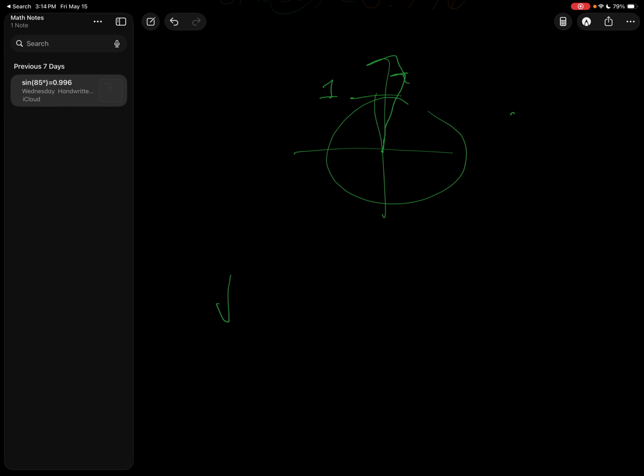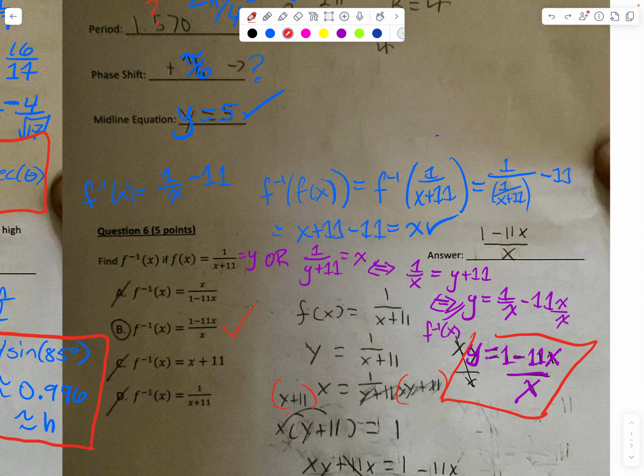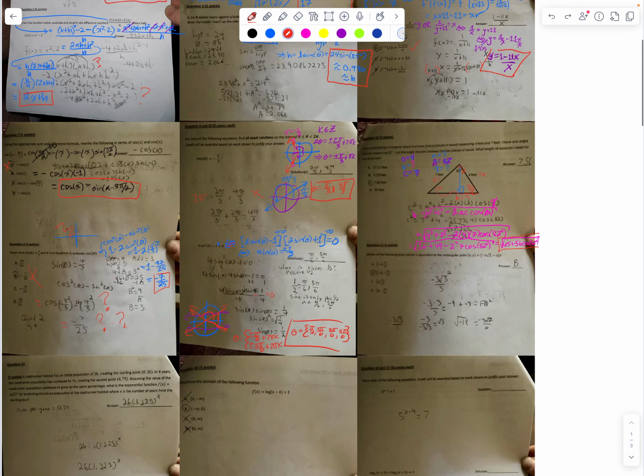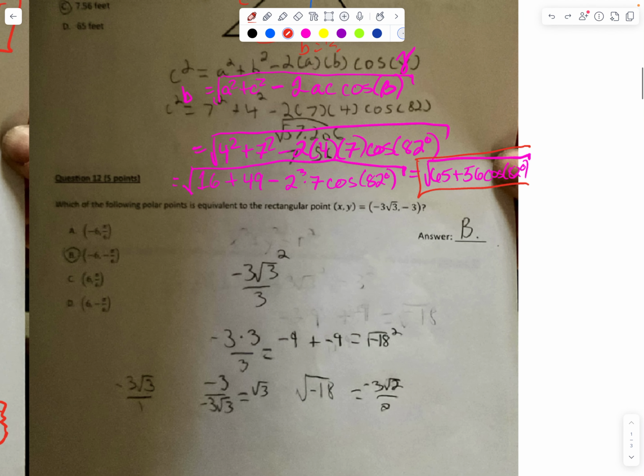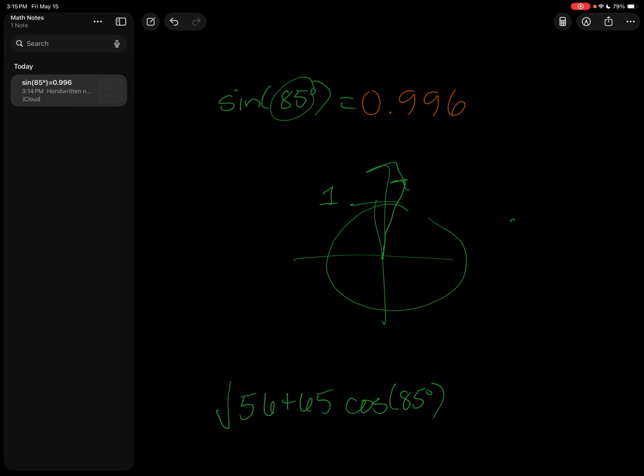Alright, what do we have here? 56 plus 65. Oh, you did because it's wet. Yeah, they're all boiled, baby. That was it, 85? Let's see. 82. Alright. Oh, dang it.